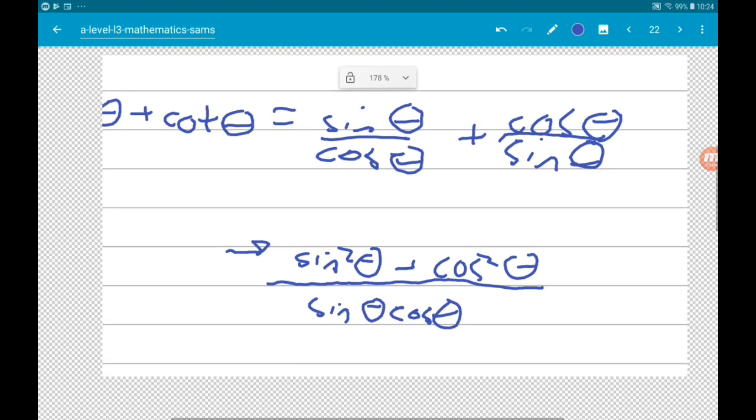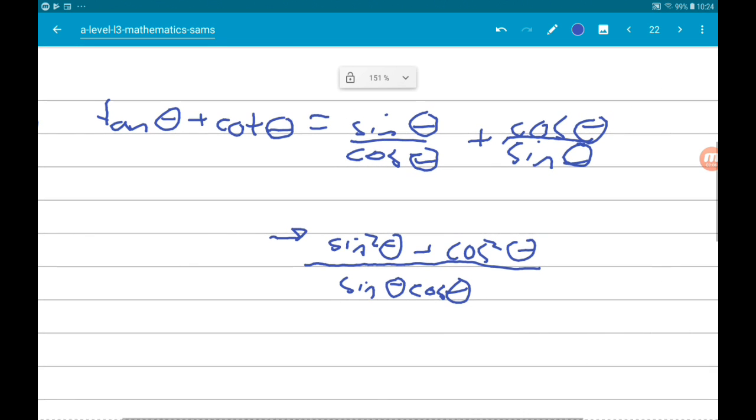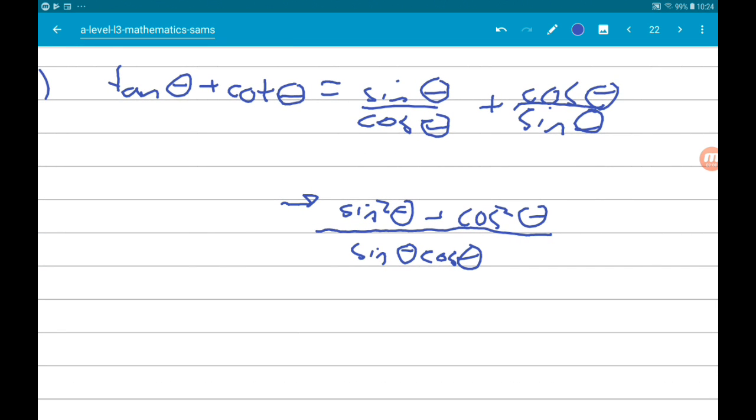Now, sin squared plus cos squared is of course 1, so this is equal to 1 over sin theta cos theta.